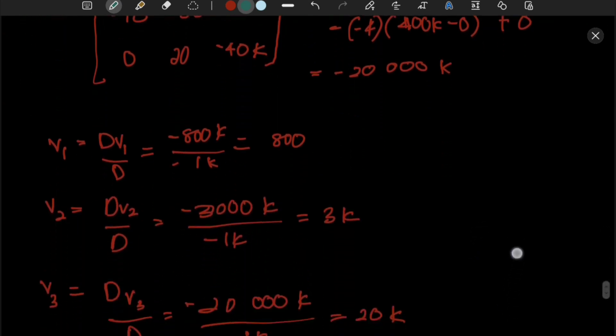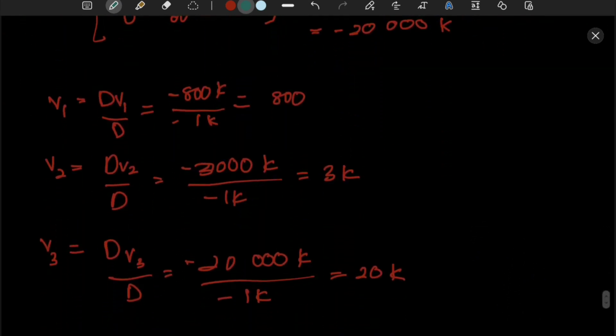So to determine the values of V1, V2 and V3, we simply divide dV1 by the determinant that we determined earlier.